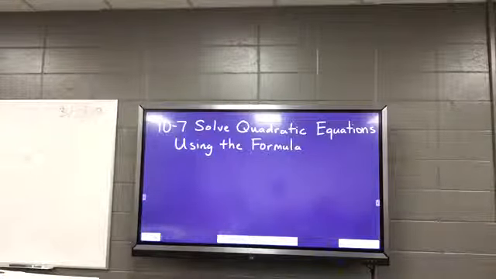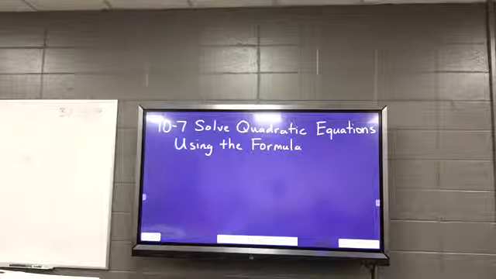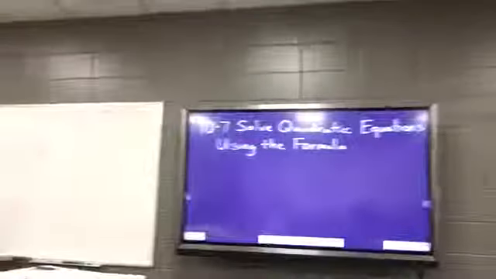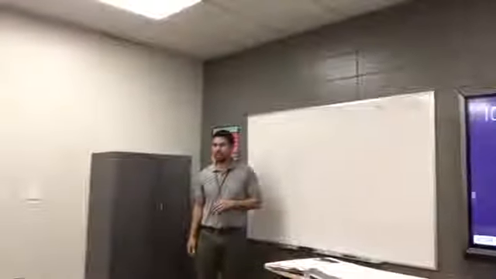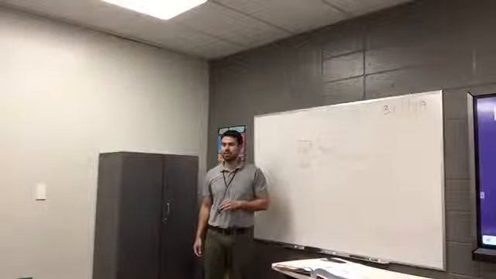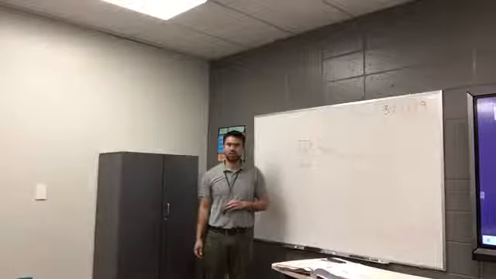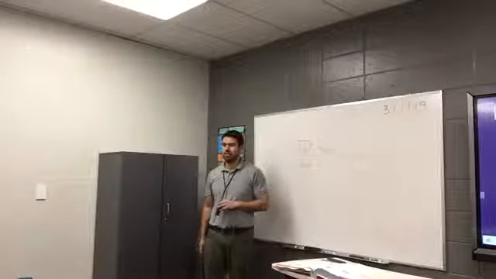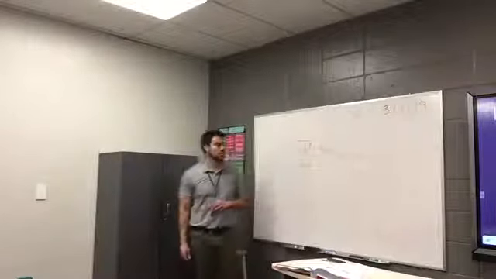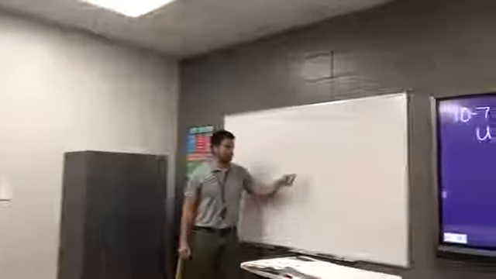We're going to say this as a class out loud. Ready? Negative b plus or minus the square root of b squared minus 4ac all over 2a. Okay, and it equals x.